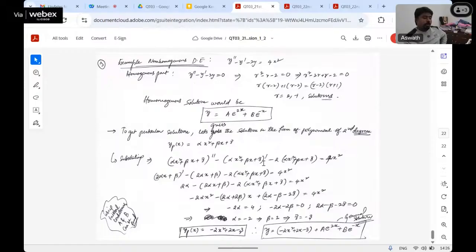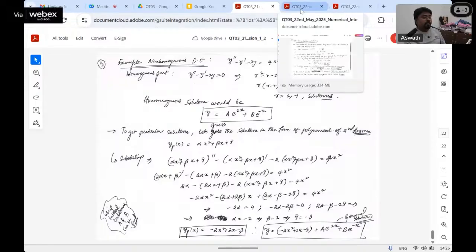Knowing alpha, beta, gamma, I'll get yp, and adding the homogeneous part to yp, I'll get the overall solution. So this is how you can find even non-homogeneous differential equation solutions. Let me go to the next part.